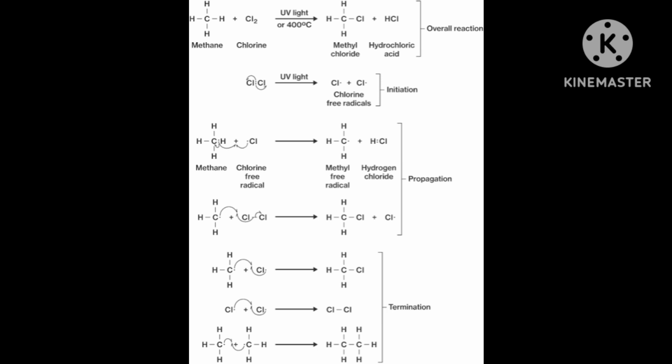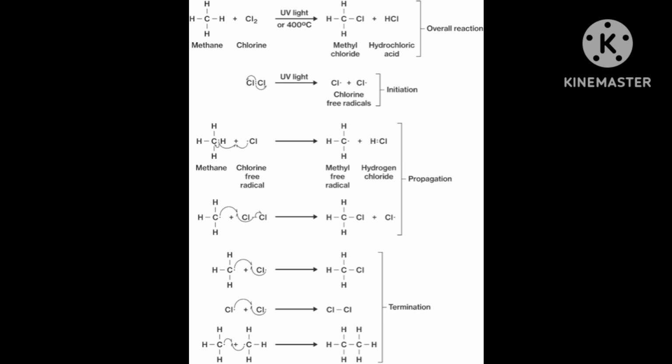Now you can see how you will prepare aryl chloride by electrophilic substitution. Here you can start with toluene, where one CH3 is attached to benzene.